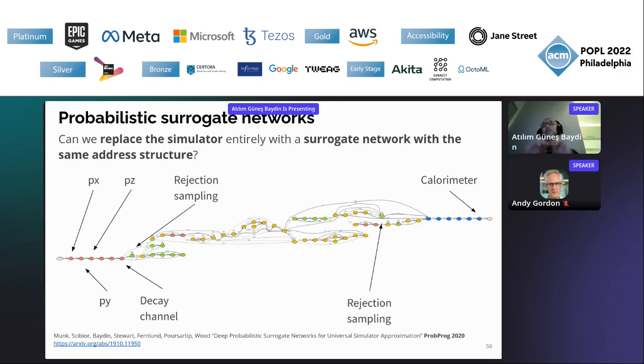So we can actually use the traces that we record from the simulator, discover this structure, and construct networks that exploit this structure and the data already sampled from the simulator to basically learn a complete replacement of the simulator. Not in the way that people do in deep learning, like a black box approximation. We have an approximation that completely maintains the stochastic control flow and the address structure of the simulator. So this is something interesting.